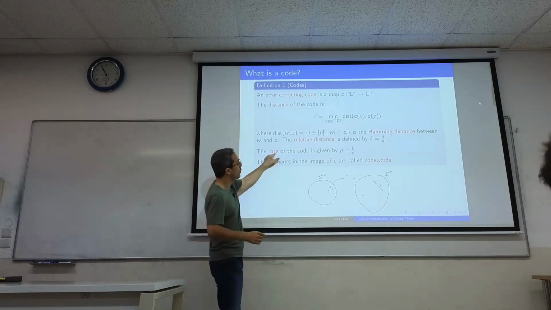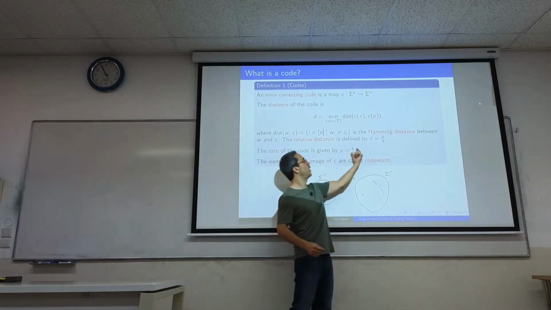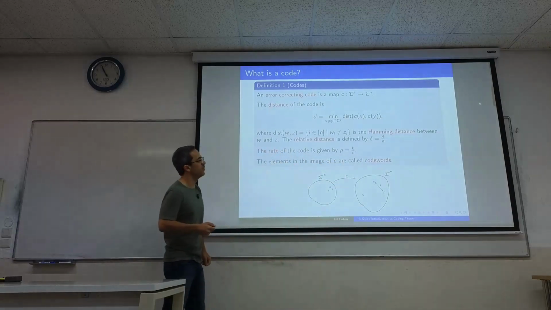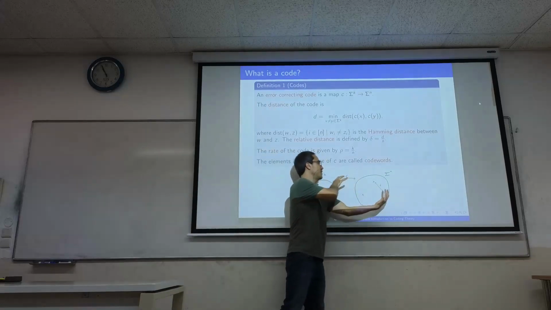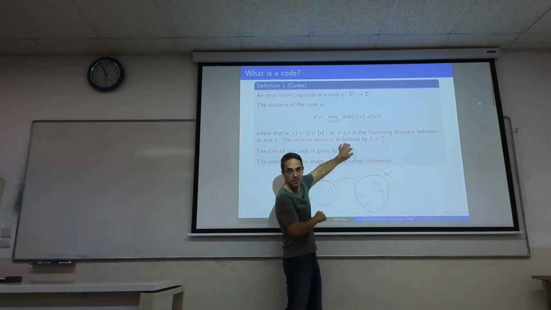Now, the rate of the code, we are going to have only two parameters. The other one is the rate. The rate of the code is this quantity, k over n. And what it tries to measure is how much bigger this new space is than the previous one, but it measures it on this scale of k over n.